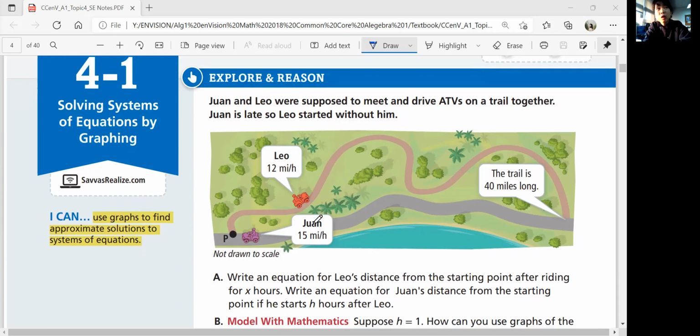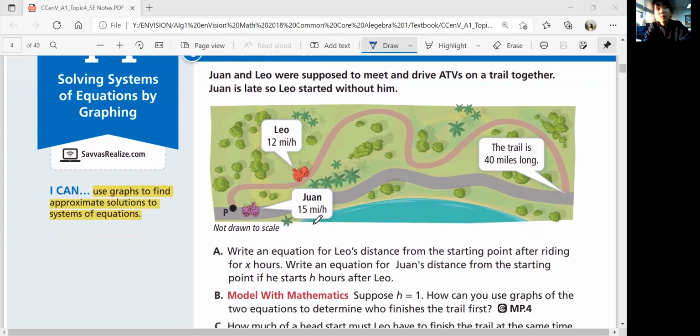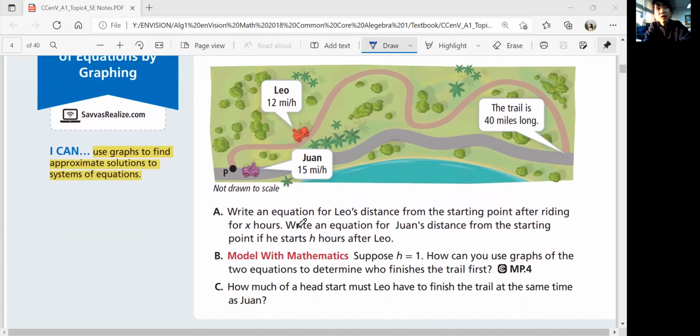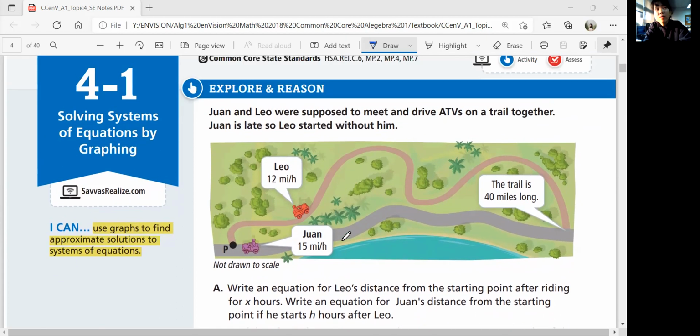Before we look at all these questions, why don't we figure out how much time each of them takes to finish the trail?